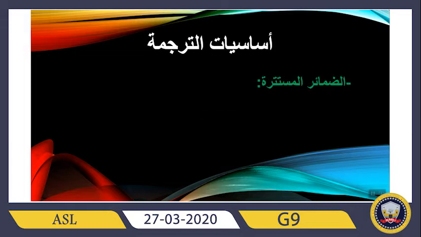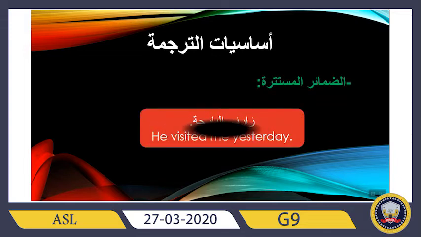الأساس الثاني الضمائر المستترة. What does it mean? الضمائر المستترة يجب علينا أن نستعملها في الترجمة. مثال: زارني البارحة. زارني هنا فعل ولكن الضمير مستتر تقديره هو. So we say he visited me yesterday.